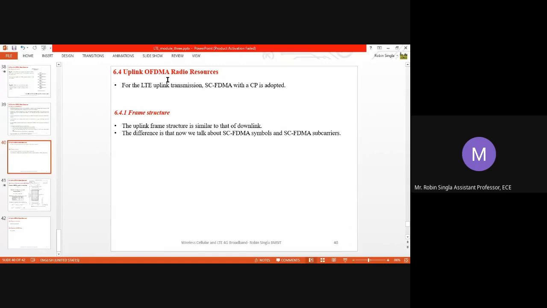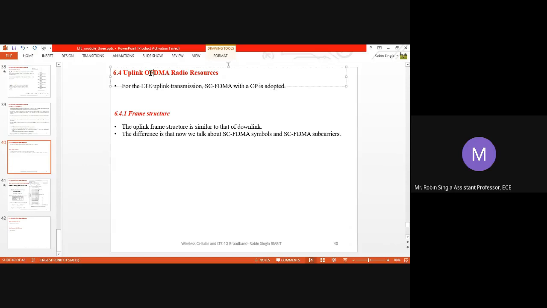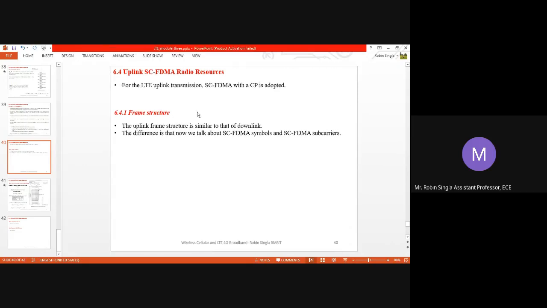Now uplink SCFDMA radio resource. So in uplink, what do we use in LTE? SCFDMA. Okay, for LTE uplink transmission, SCFDMA with cyclic prefix is adopted.